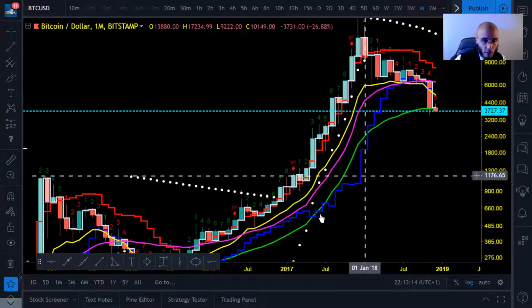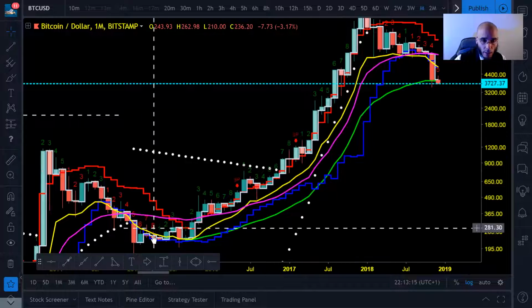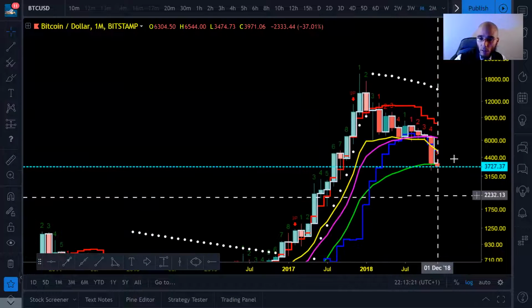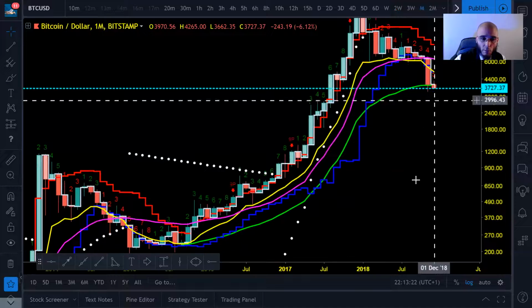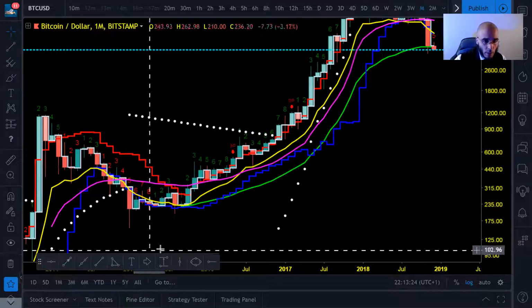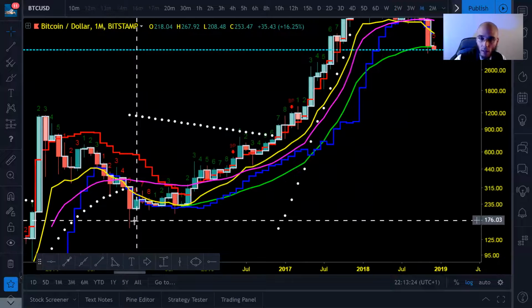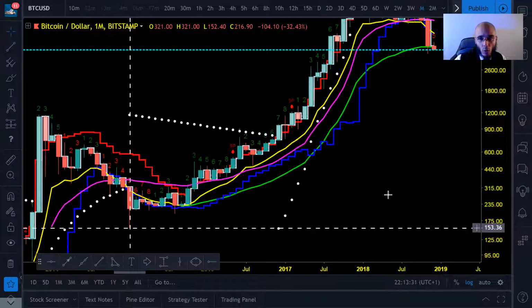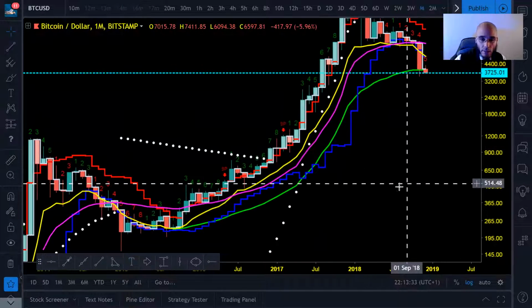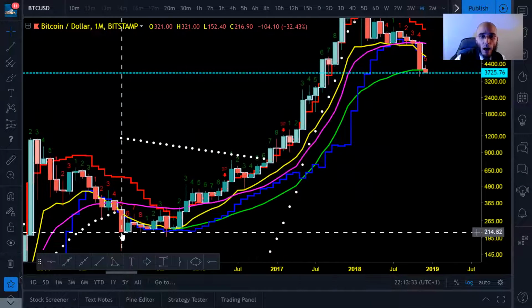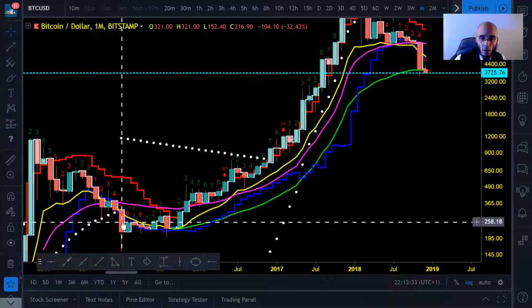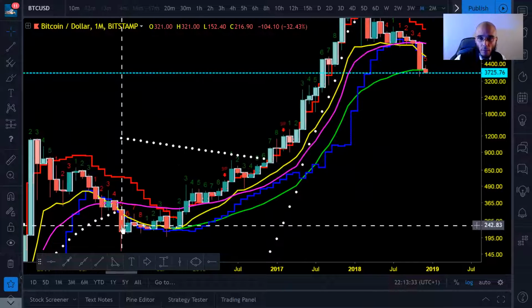You're on a 5 in the last bear market. You did get an 8, so you should be looking for a 9 in this bear market. But the candle number 4 is just huge. In the last bear market, there was a candle number 5 that was that huge, and then we went up again. So I'm expecting this candle number 5 to go up again too, just as the candle number 5 did here.